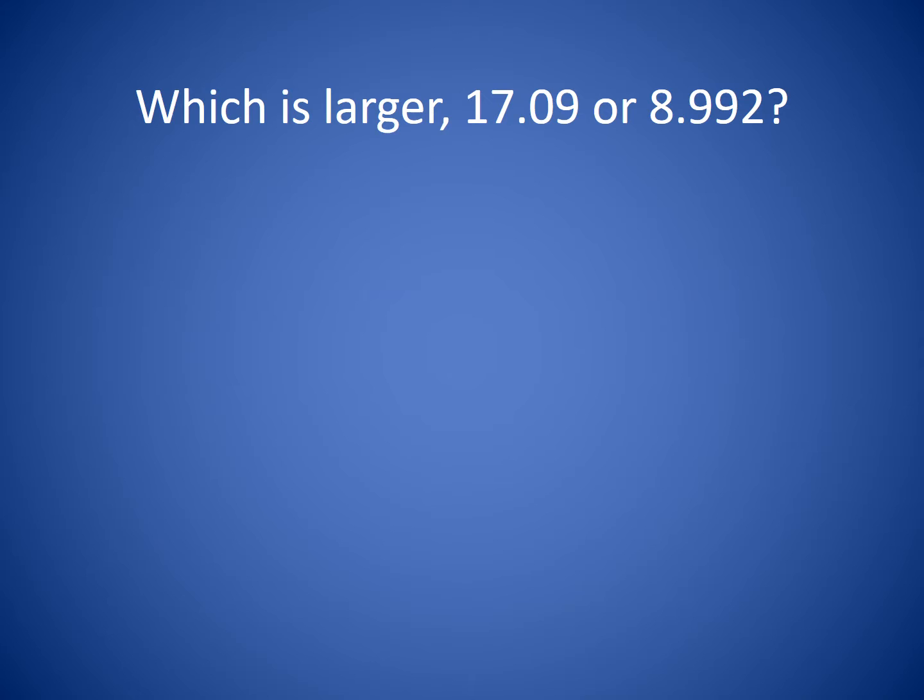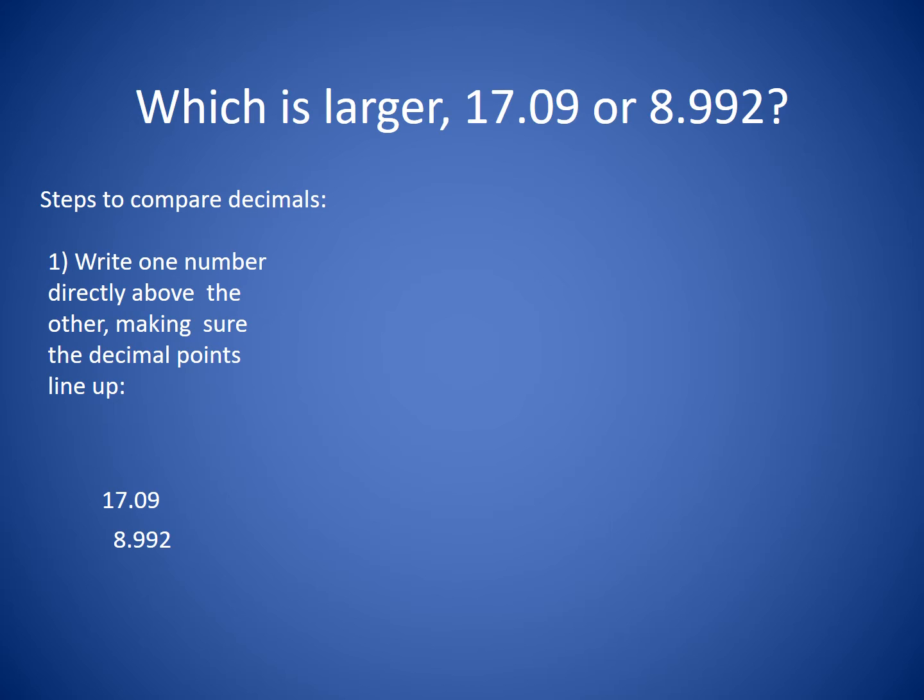Last one. How about these two? 17.09 or 8.992. If you look at just the decimals, the second one looks like it might be bigger. So we'll walk through the same steps. I write them both, with the decimals lined up on top of each other, and the digits fall wherever they fall. In order to get them lined up, the 8 is underneath the 7.